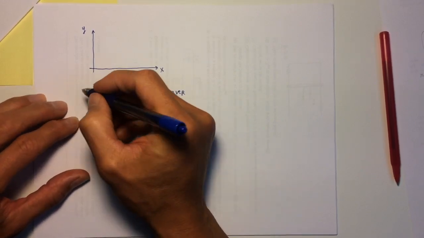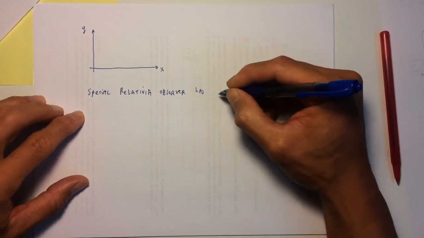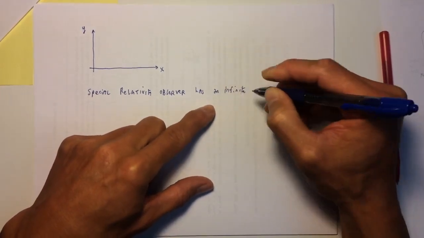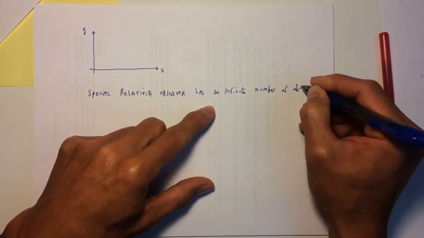So one special relativity observer has an infinite number of detectors.